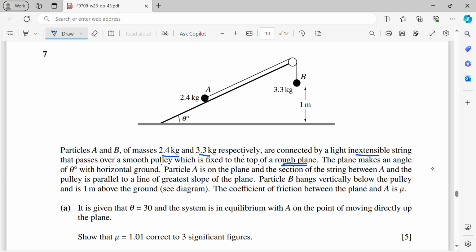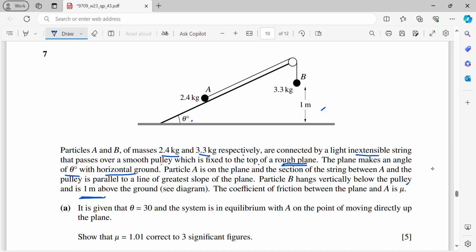Now the plane makes an angle of theta degrees with the horizontal ground. This is theta degrees. Particle A is on the plane and the section of the string between A and the pulley is parallel to the line of greatest slope of the plane. Particle B hangs vertically below the pulley and is 1 meter above the ground. Here is 1 meter.